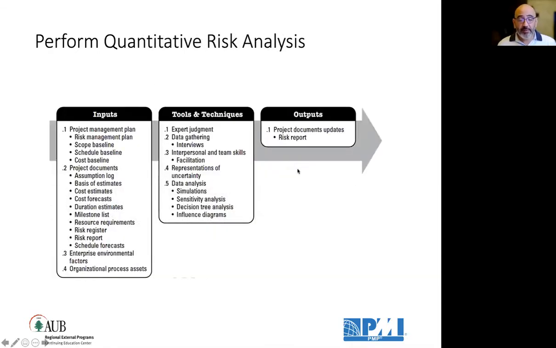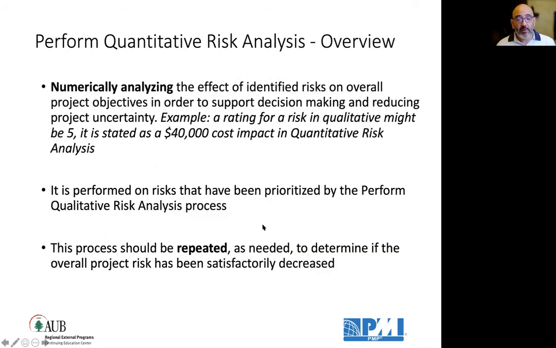Quantitative risk analysis, إذا بتلاحظوا كمان الأوتبوت هو mainly the risk report and the risk register. So this is where we numerically analyze the effect of the identified risks. يعني أخذنا from the qualitative high risks وكفينا نعمل لهم quantitative analysis in order to support the decision making and to reduce the uncertainty.